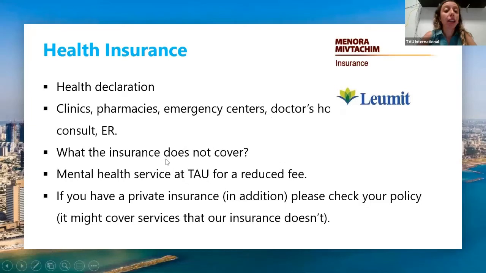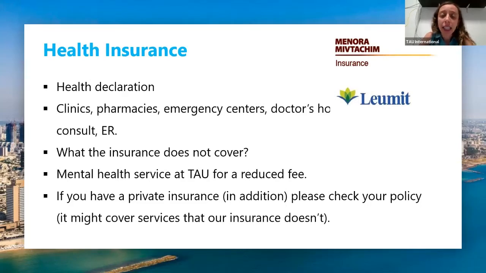As for mental health service, although our insurance does not cover it, TAU does provide a mental health service with a reduced fee. So we have a mental health department with psychologists and psychiatrists. With a reduced fee of around $50 per meeting, it's a bit more for psychiatrists. You'll be able to see a psychologist or a psychiatrist if needed for sessions.